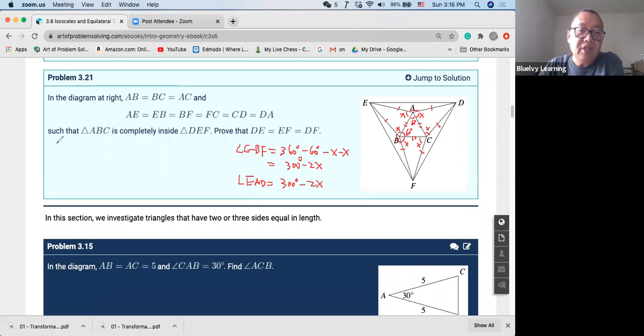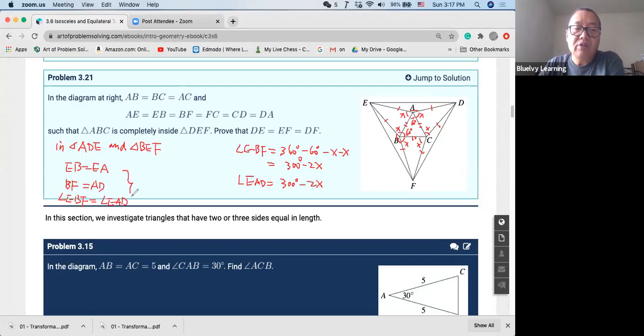So then that means in triangle ADE and triangle BEF, then we have EB equals EA, BF equals AD, then this angle EBF equals angle EAD.